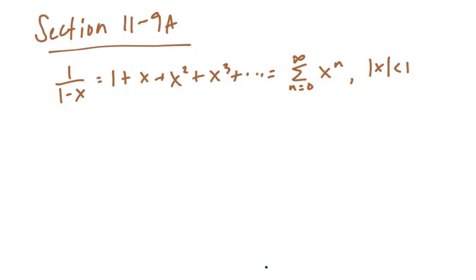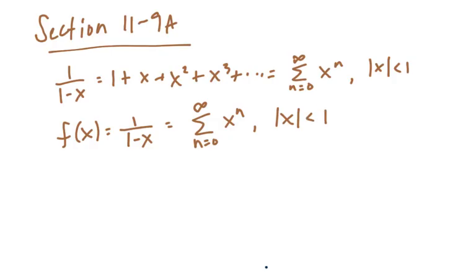But what we're looking at in this section is the function f of x equals 1 over 1 minus x. Now this is leading us further, so you have to pick this up, but we're going to be doing more with it. Since we have this, the function really is the continuous function, so it can be written as the sum from n equals 0 to infinity of x to the n, where the absolute value of x is less than 1.